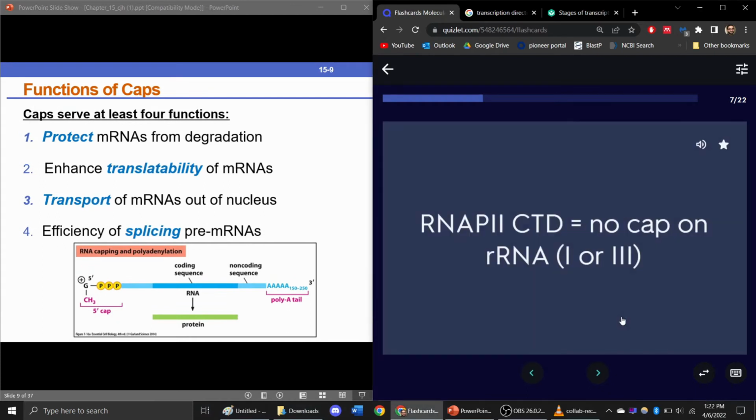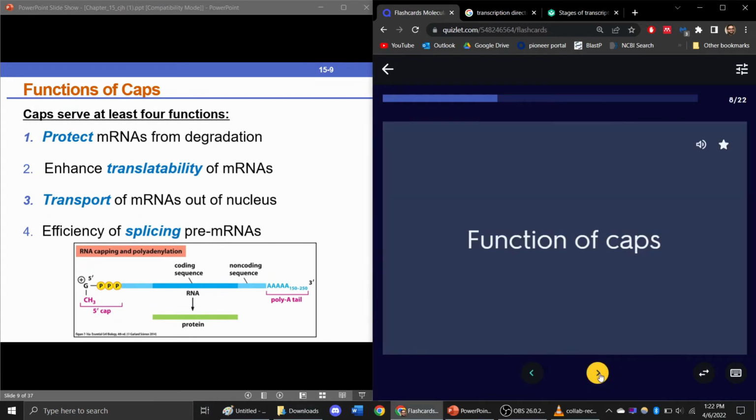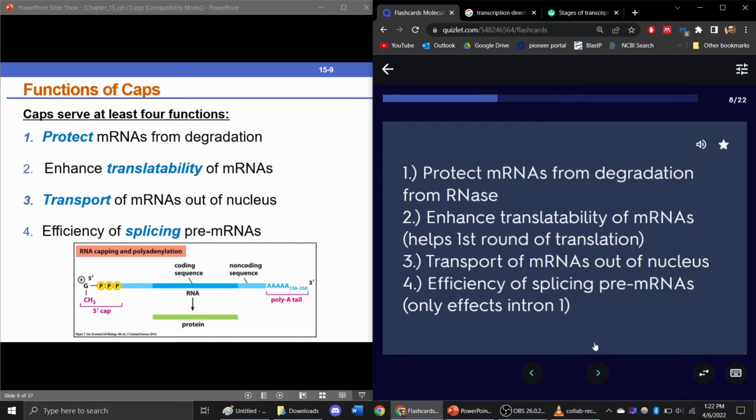The first one is to protect the mRNAs. So the enzyme RNase is just around all the time. You can never get away from it. RNase is responsible for degrading RNA. It's in the name. What happens is, if you have a buffer region on either side of the RNA, a cap and a tail, the RNase degrades inwards to the middle of the RNA.